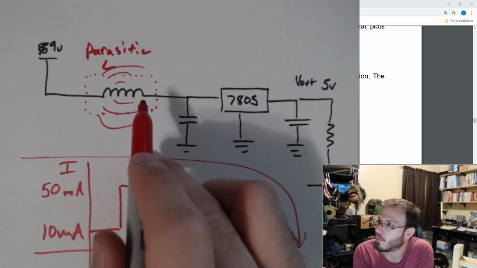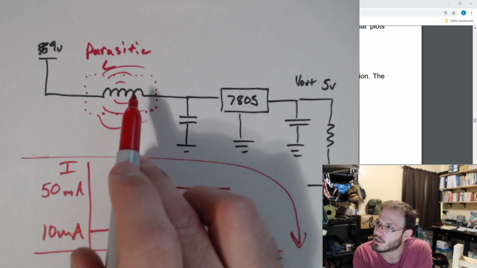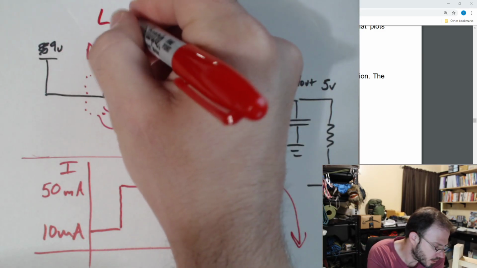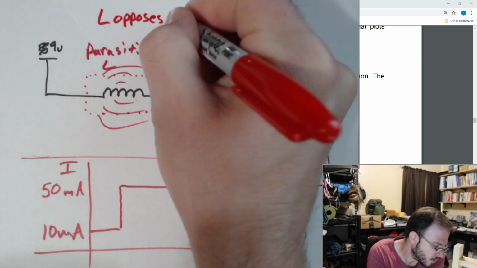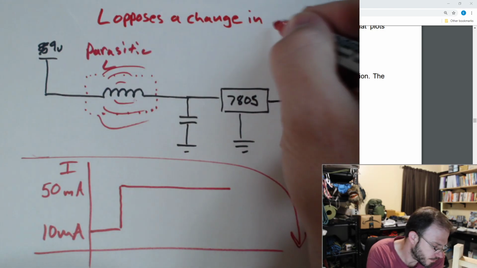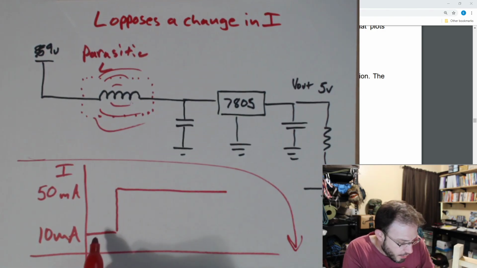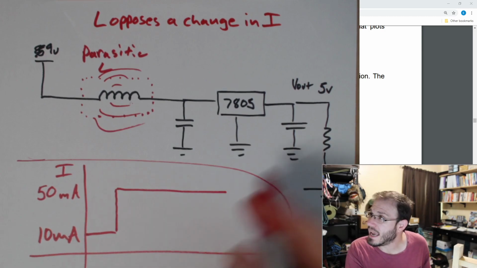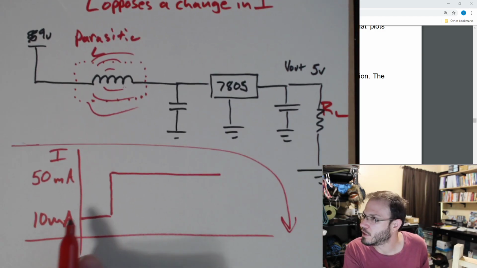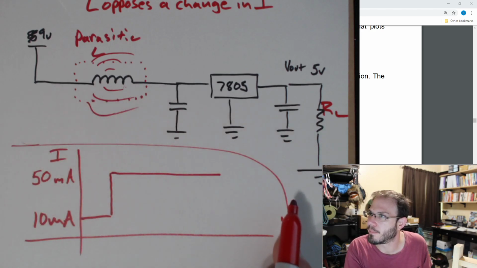But as you know from what I said last semester in regards to inductors, inductors oppose a change in current. So although our current is dictated by the load, it's our load that determines how much current is going through this entire circuit.